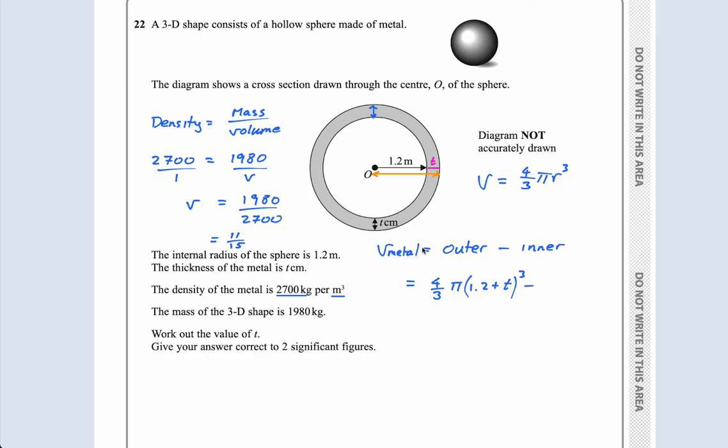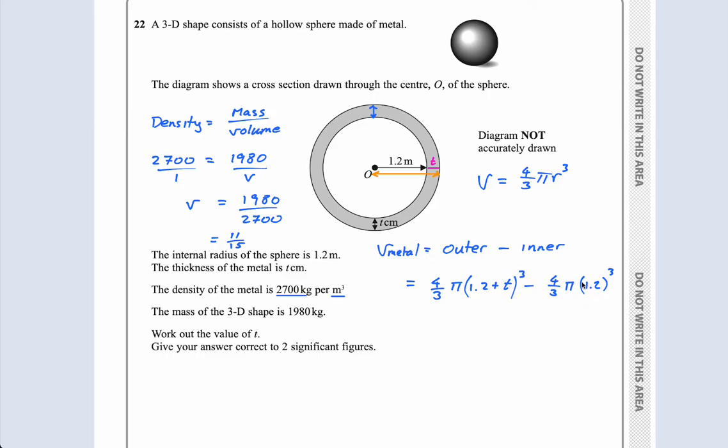Subtract my inner one, which is 4 over 3 pi r cubed, but my r now is just the 1.2. Okay, now we know that this equals the volume of the metal, which is 11 over 15.